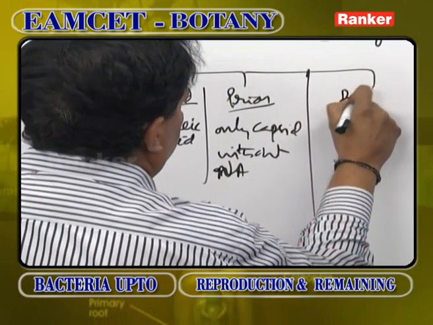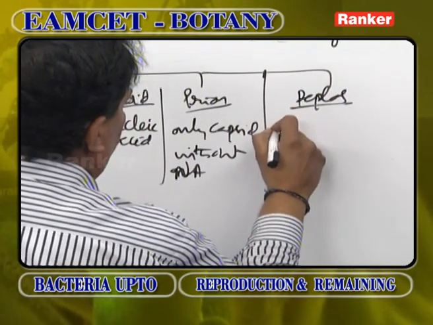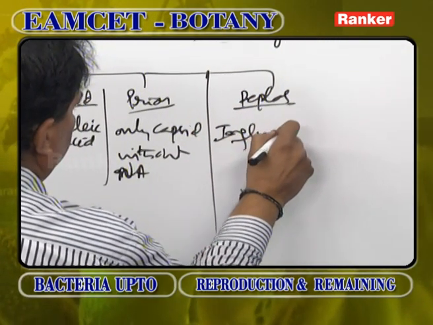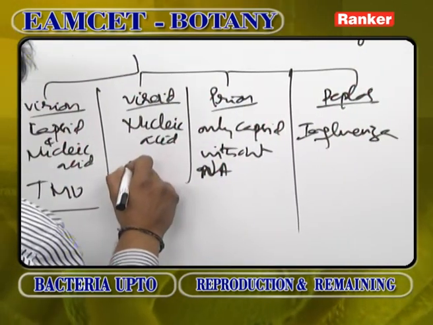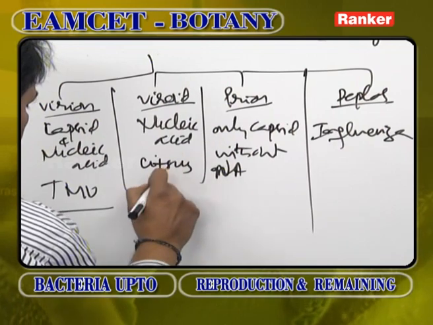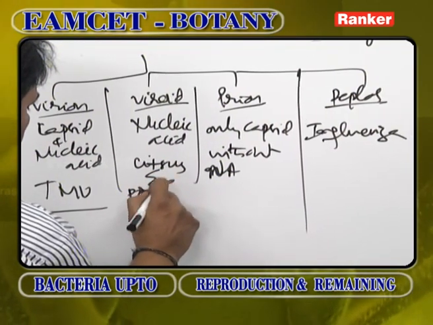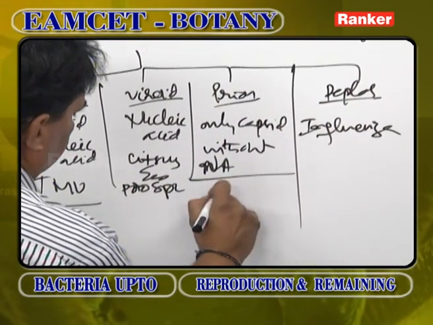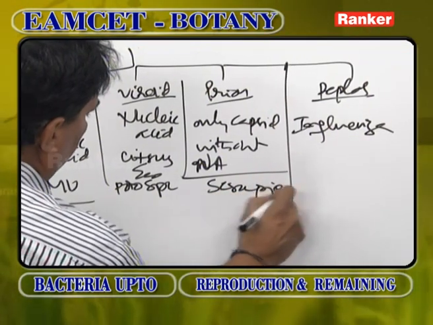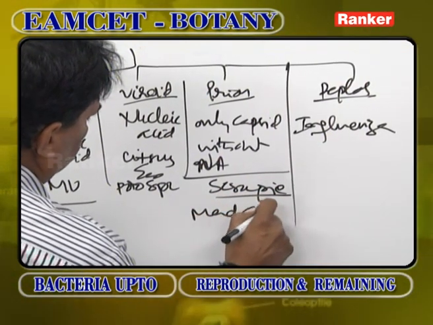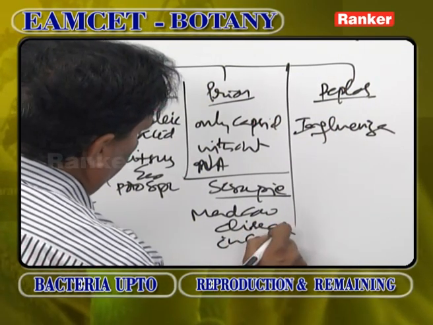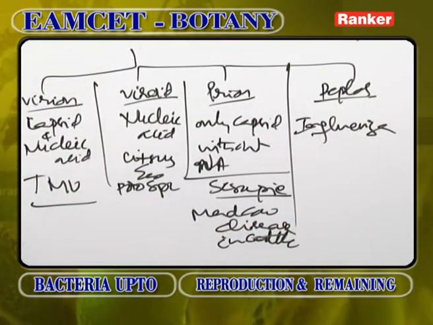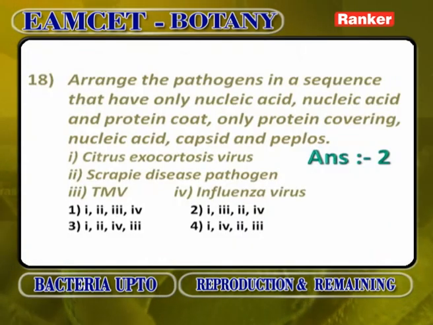And peplos is found in influenza virus. Examples: for virion, TMV; for viroid, citrus exocortis virus and potato spindle tuber virus; for prion, scrapie disease in sheep and mad cow disease in cattle and other animals. So, virion, viroid, prion, peplos.